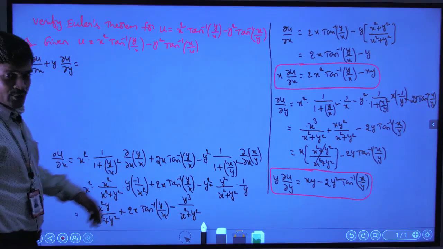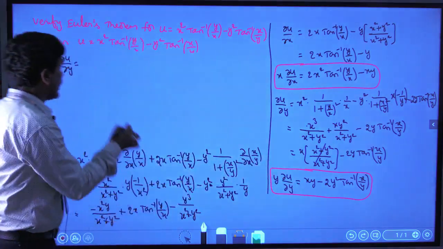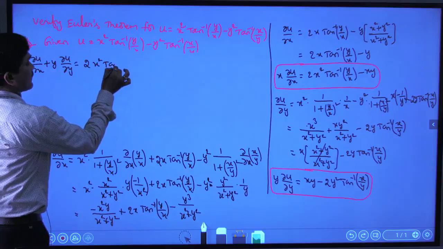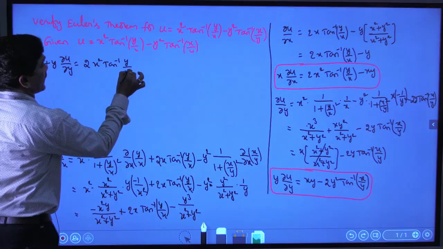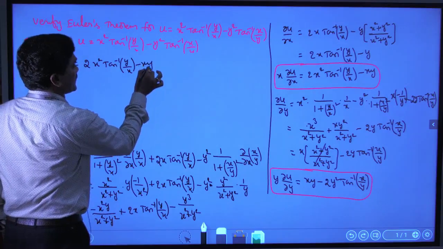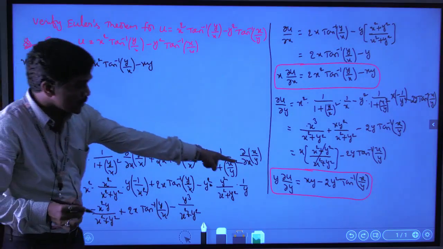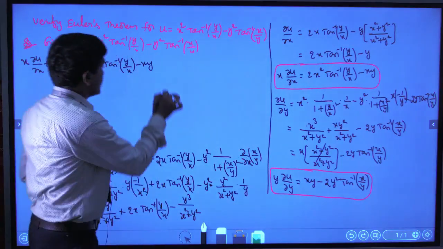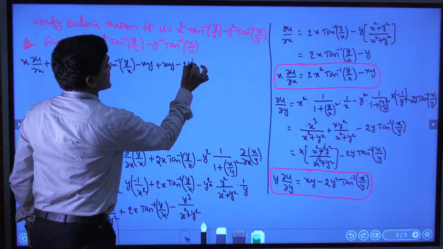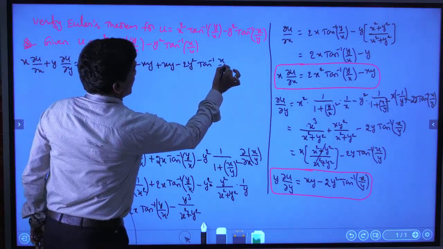Now here x ∂u/∂x is this one, plus y ∂u/∂y is, adding these two, 2x² tan⁻¹(y/x) minus xy, that is x ∂u/∂x plus y ∂u/∂y. So y ∂u/∂y is here xy minus 2y² tan⁻¹(x/y).